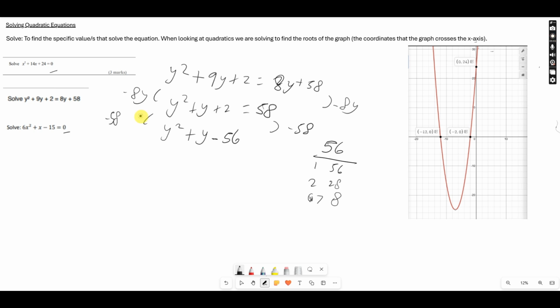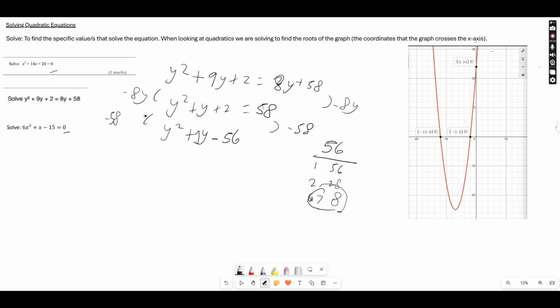So what we can see is we're trying to make 1. If you think about it, this is just a 1 in front of the y. So I think what we're going to do is have these as our factors. That's what we're going to use. So 7 and 8. 8 minus 7 is 1. So we're going to write that out.